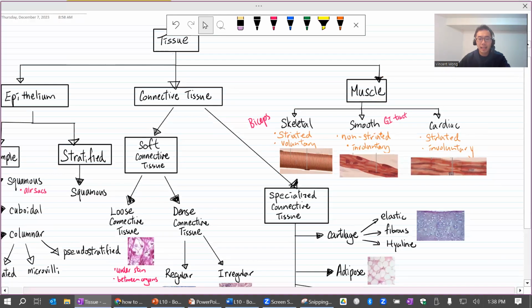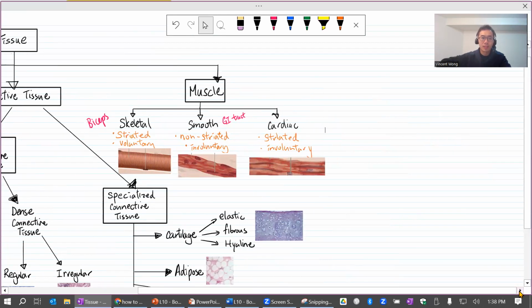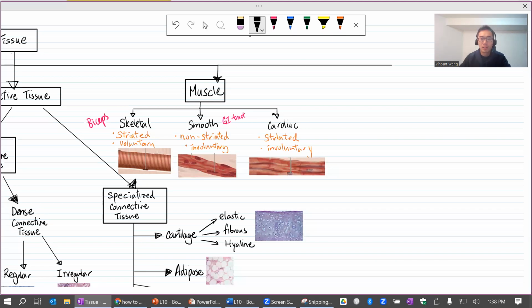And then the last kind of tissue is nervous tissue. That makes up your brain, your spine, your nerves. And that's all you have to know about it. It's too complicated to even do a little bit of it right now.